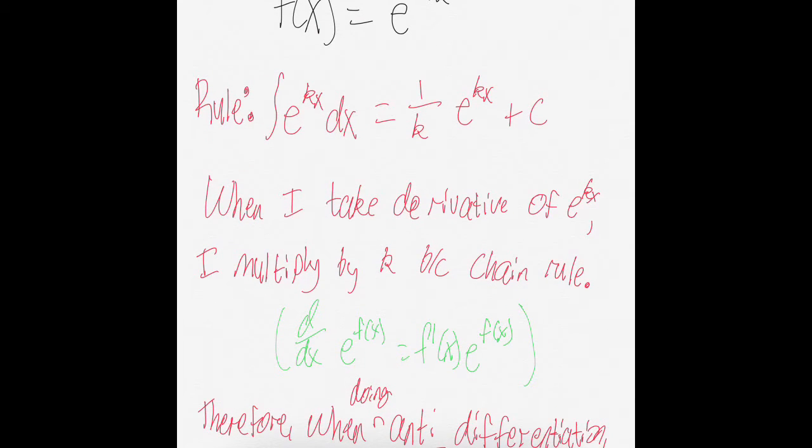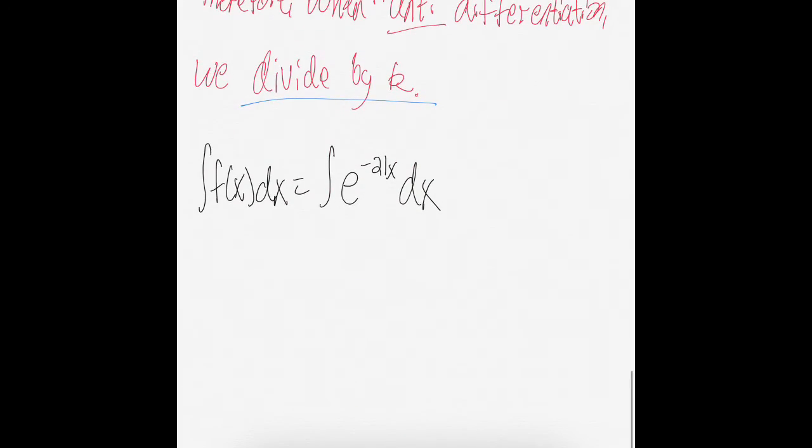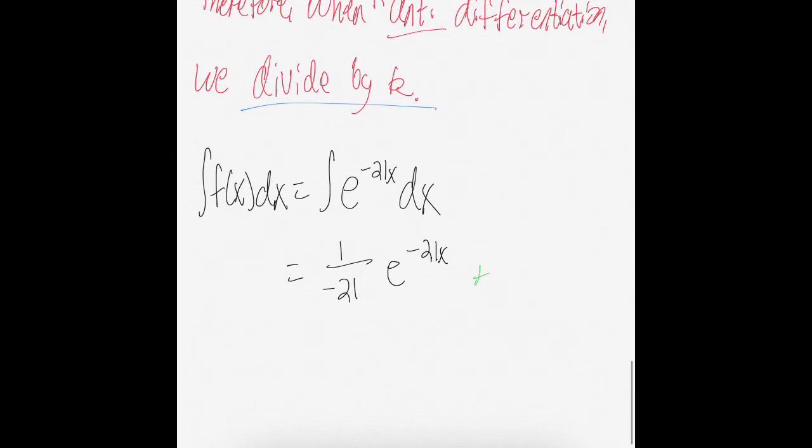So we're going to integrate f of x dx, and f of x is just e to the negative 21x dx. This one is perhaps the most straightforward application of our rule yet. All we're going to do is multiply e to the negative 21x by 1 over negative 21, which equals 1 over negative 21 e to the minus 21x.